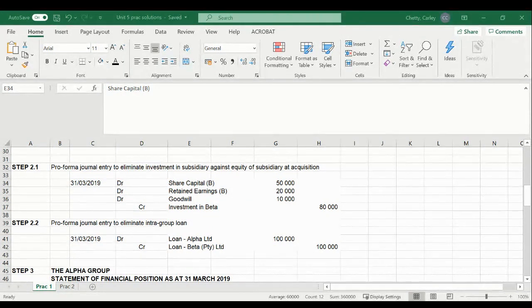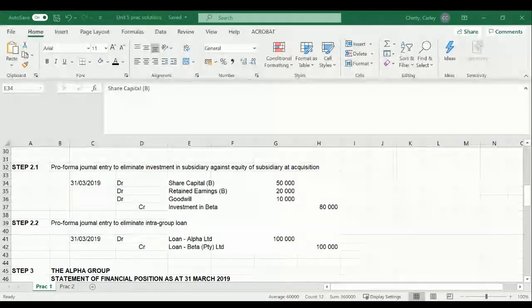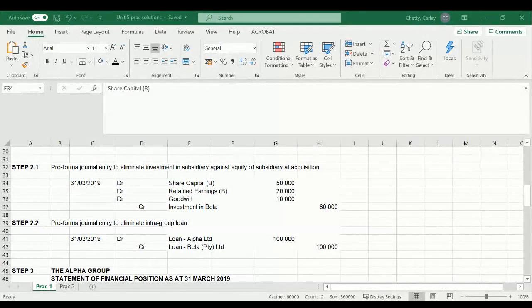So if you have a look at your trial balance, you'll see retained earnings is also in brackets. So this reflects a credit balance. And then you'll see that your trade and other receivables is not shown in brackets, because it is a debit balance. And then you'll see also inventories is not shown in brackets, and the reason it is not shown in brackets is because it is a debit.